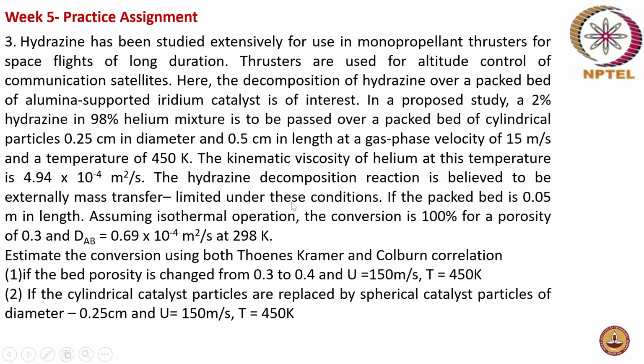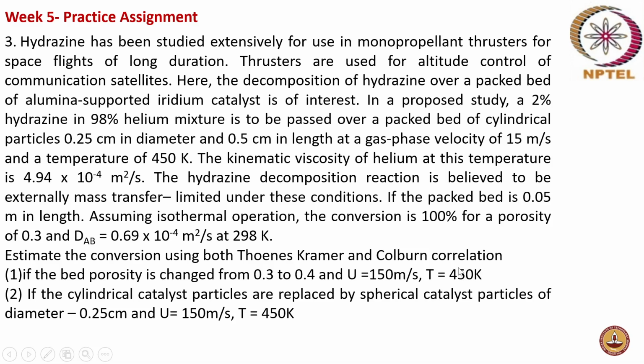Now, they have asked to estimate the conversion using both Theonis-Kramer and Colburn correlation if the bed porosity is changed from 0.3 to 0.4 and your superficial velocity is 150 meter per second and your temperature is 450 Kelvin. Sorry, the original temperature at which it was solved in the class is 750 Kelvin, whereas the change in temperature they have given is 450 Kelvin.